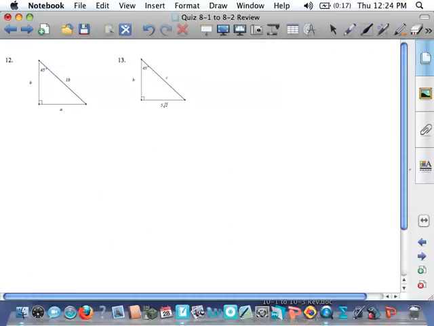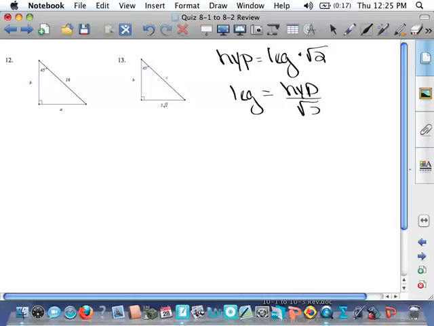Next we have a 45, 45, 90 right triangle. Remember the relationship is the hypotenuse is equal to the leg times the square root of 2. Therefore the leg is equal to the hypotenuse divided by the square root of 2. So in the first example, number 12, we have the hypotenuse. We're looking for the leg.